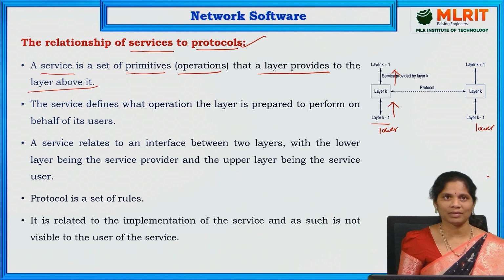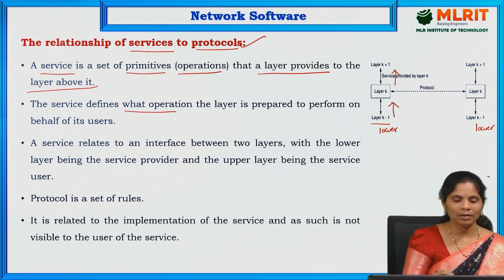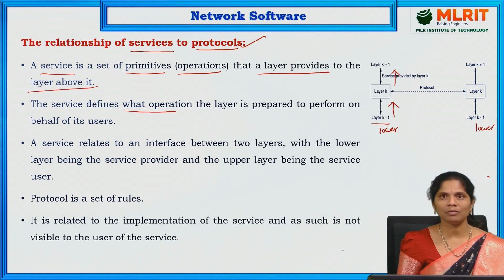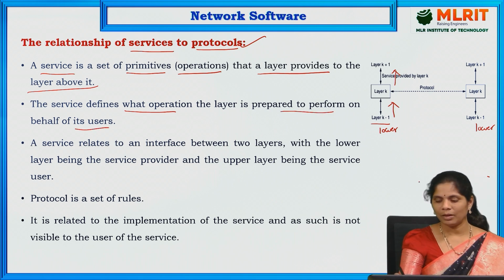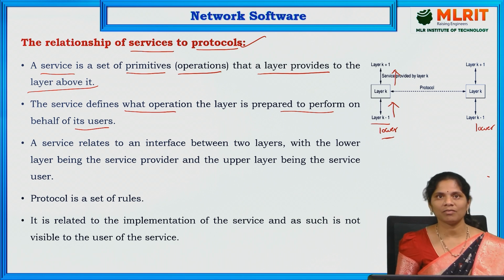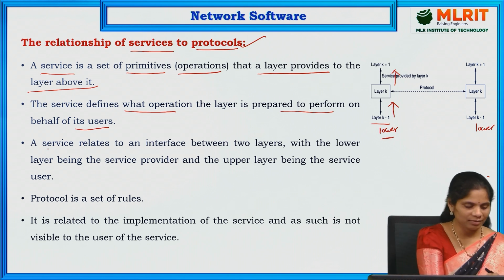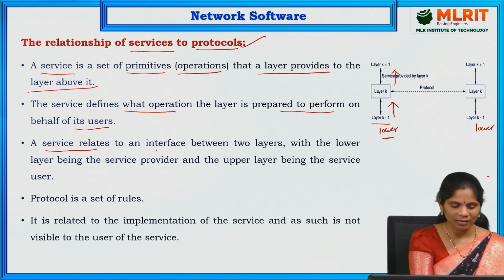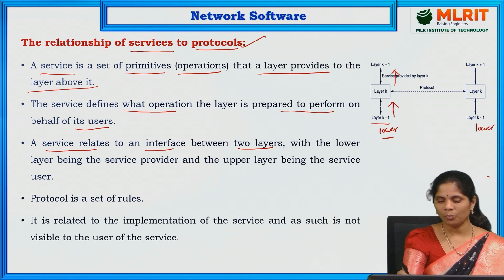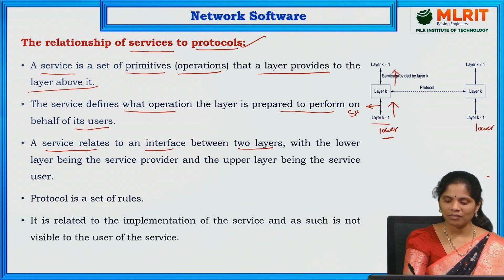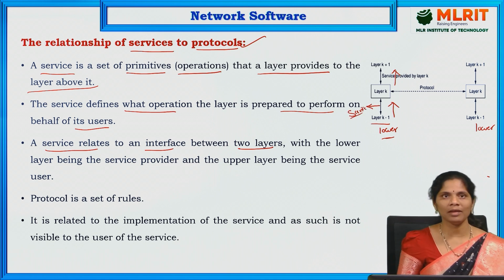That is a service. This mainly talks about what operations that layer is prepared to perform on behalf of its users. At the same time, the service is related to the interface between the two layers. The interface between two layers is nothing but the service.